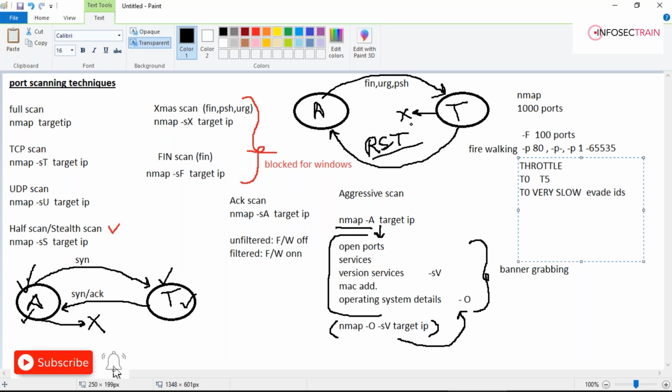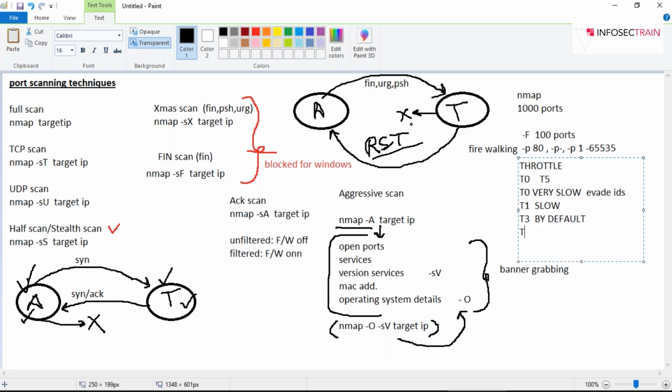Similarly, you can say T1, it's again slow, but as compared to T0, it's faster. Then we have T3. If you are not using any throttling speed in any of these scans, it will be used by default.